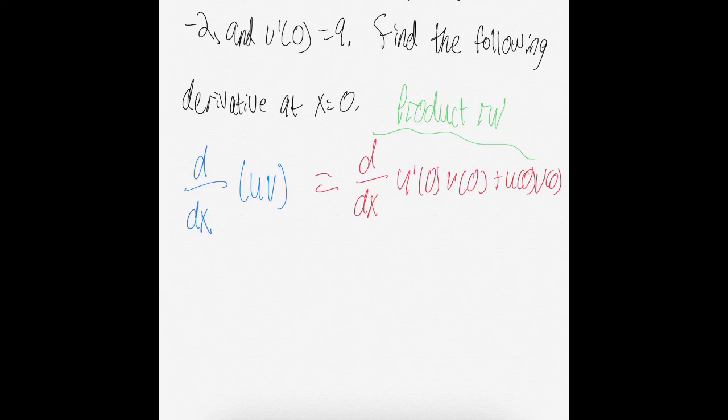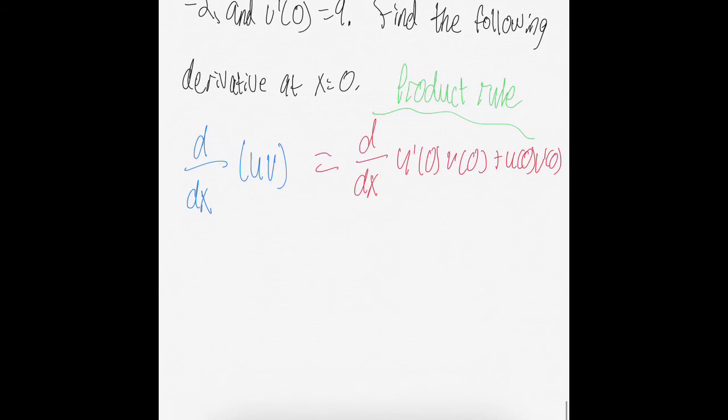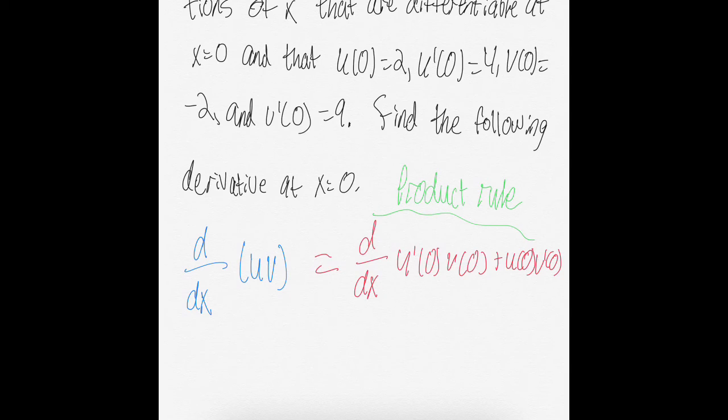This right here is just the product rule. And even though I'm not told what the functions are, I'm given all the values that I need, right? So u prime, I don't know why there shouldn't be a d dx here. There we go.